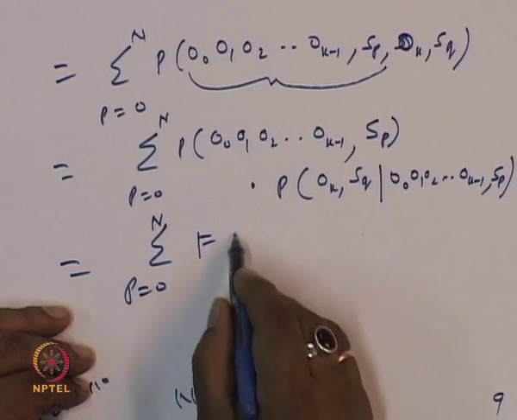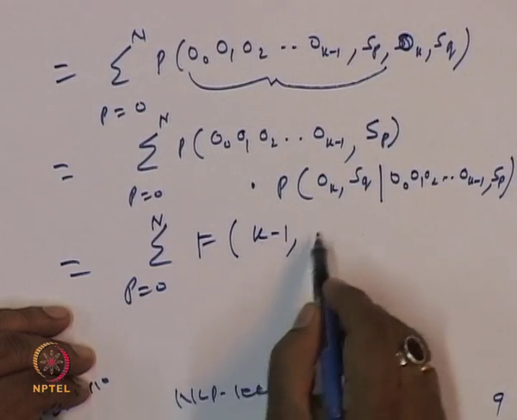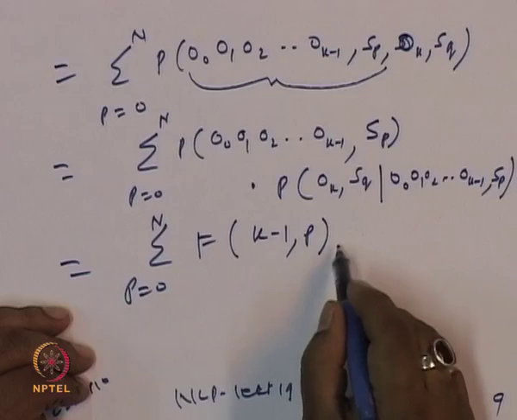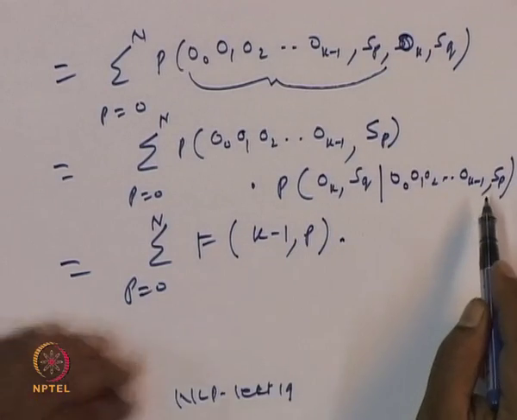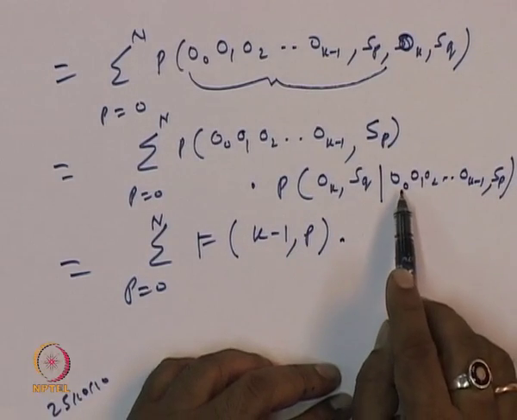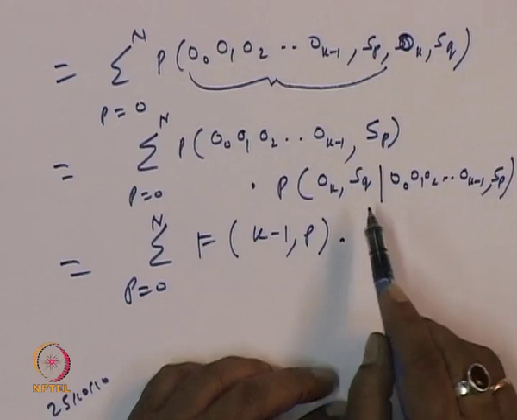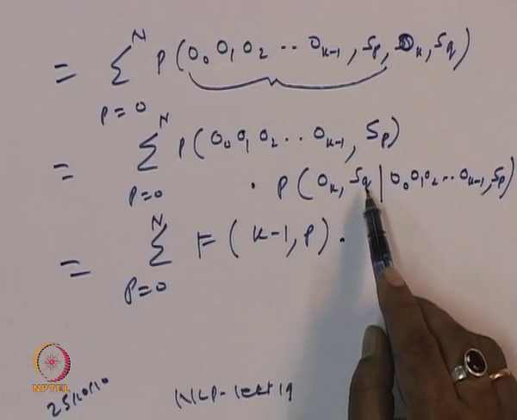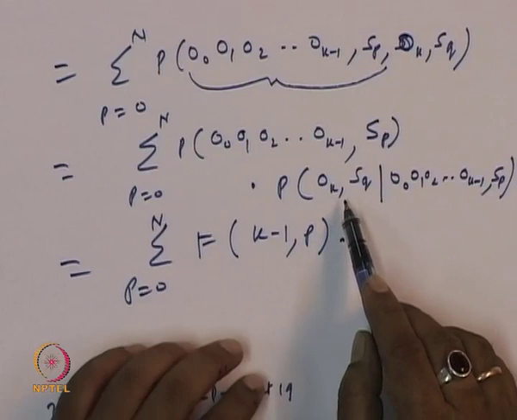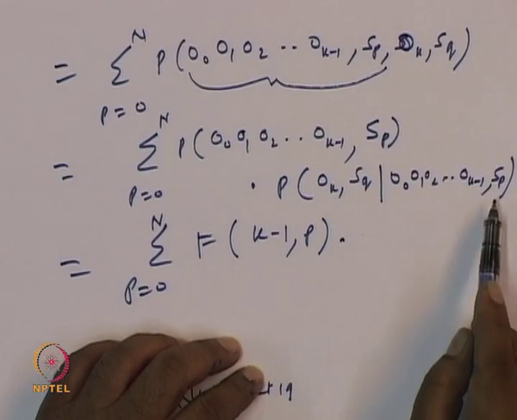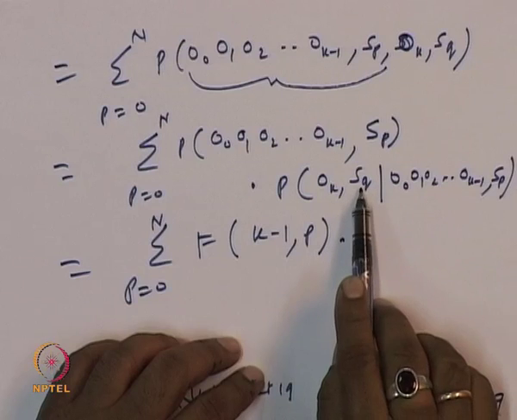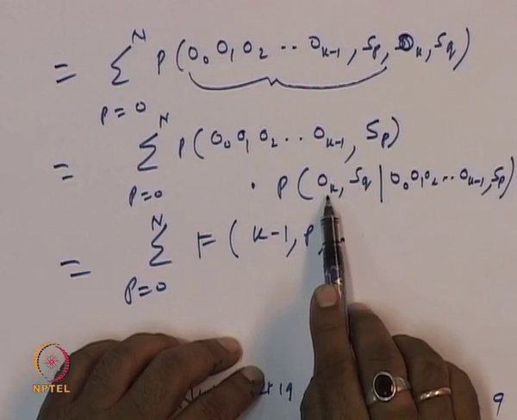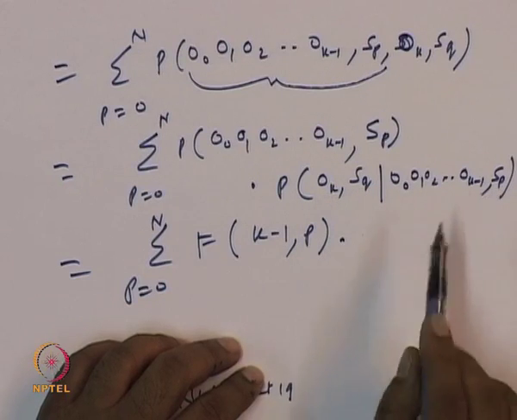This is nothing but f k minus 1 p, and this probability we can neglect O0 to OK minus 1, because we said that the next state and the next symbol depend only on the current state.